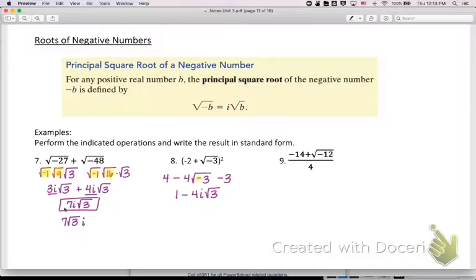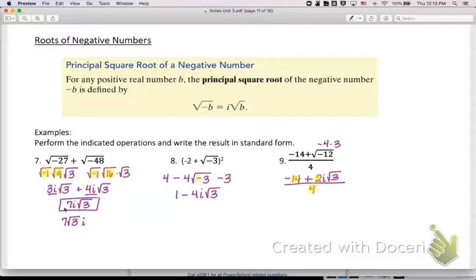And then on number 9, we get negative 14 plus the biggest perfect square that goes into 12 is 4. This is 4 times 3. And since it's negative, we're going to get an i. The square root of negative 4 is going to be 2i root 3 over 4. Now again, just like when we did the quadratic formula, we can only simplify if we're able to divide all 3 terms by the same number.